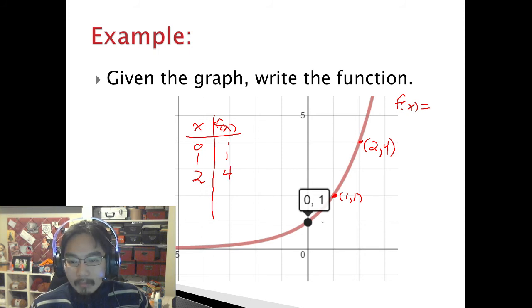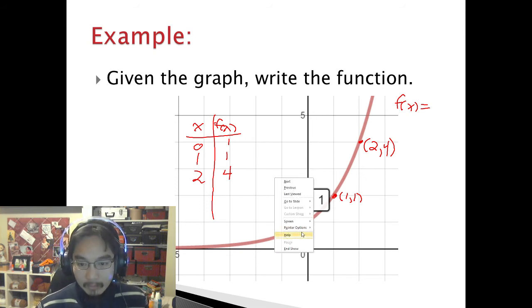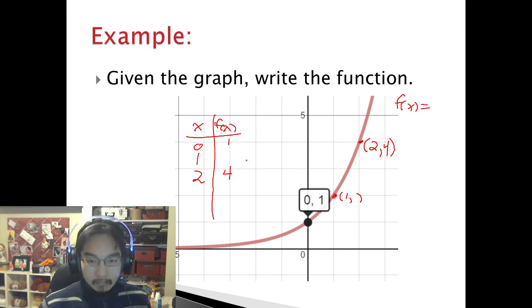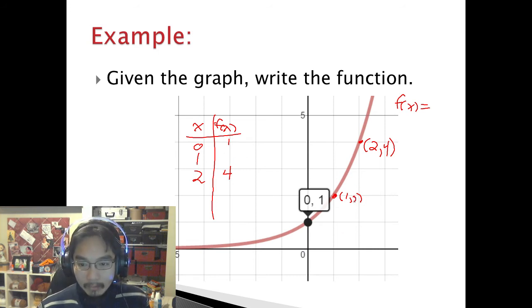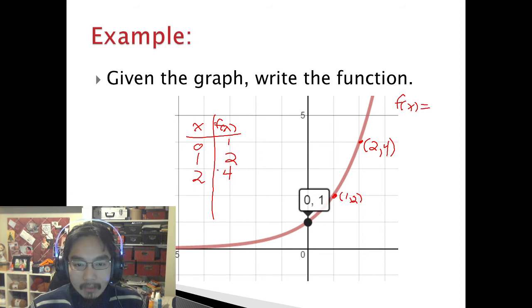Oops, I made a mistake. This is actually not 1. This is actually 2. That makes more sense now. There we go. So it looks like it's doubling every time. So this will be f of x equals 2 to the power of x.